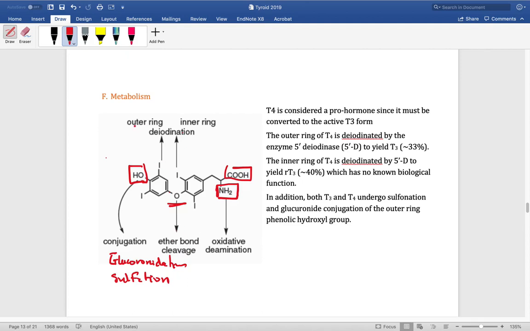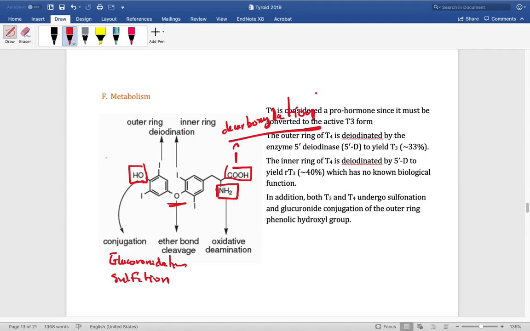For the iodine, you can have deiodination, and finally, at the amine position here and the carboxylic acid, you can have oxidative deamination. You can also have oxidative decarboxylation here.